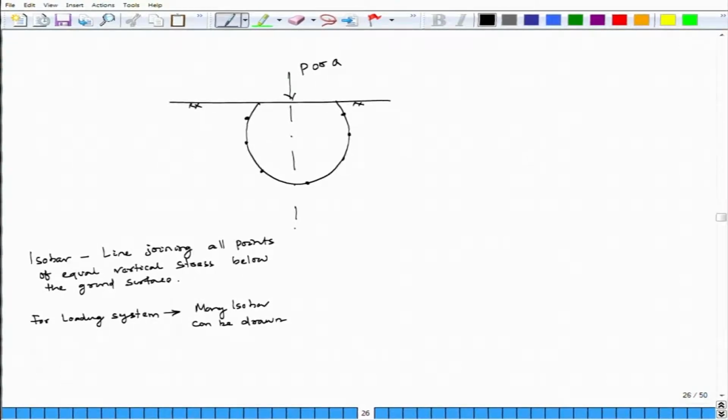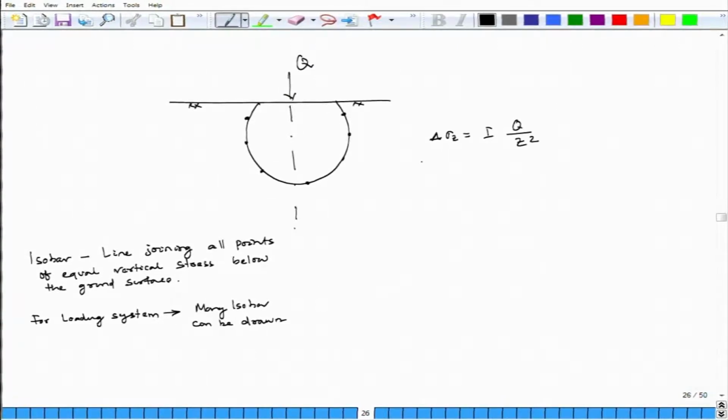Now, the first part, the isobar definition, has been made. If I go to the same point, discussing isobar diagrams with equal points, let us say delta sigma z is equal to I into Q by z square. Here let us put it as Q, not P, so it is Q by z square.